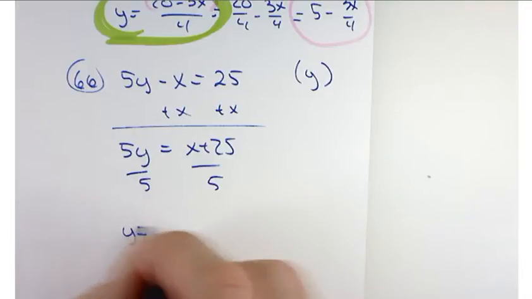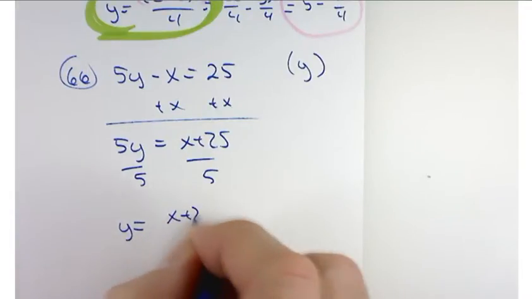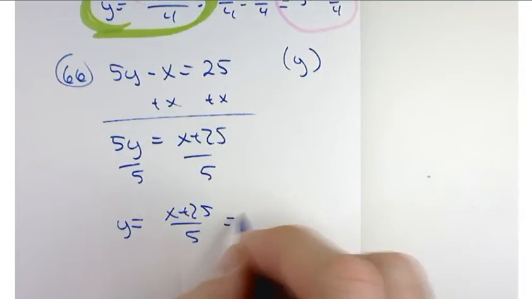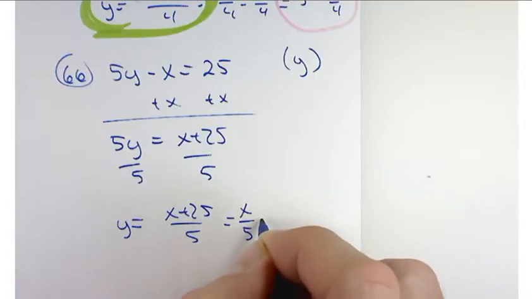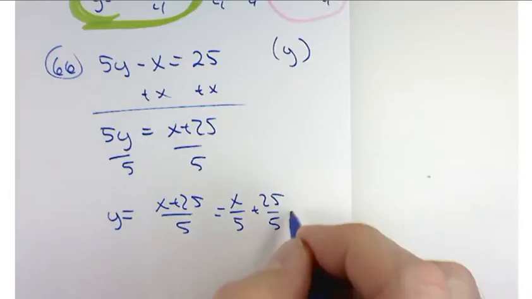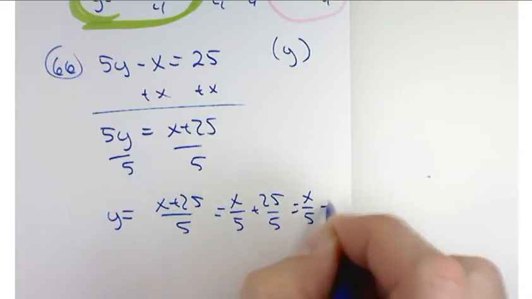I get y equals x plus 25 over 5. Can I simplify that at all? Cancel the 5 into the 25? No. Same thing as the last one. You could write it as x over 5 plus 25 over 5. If you did that, I would like the simplification. So x over 5 plus 5.